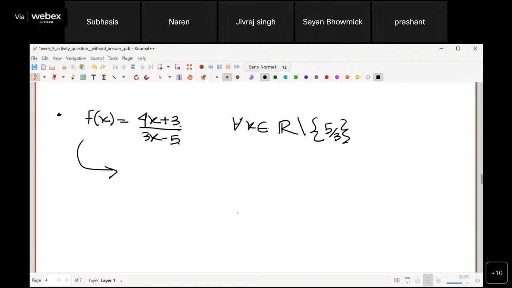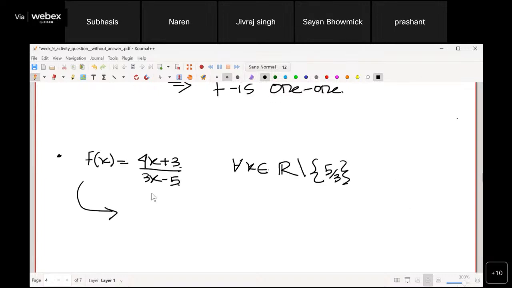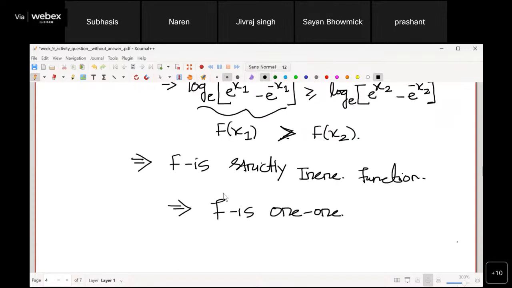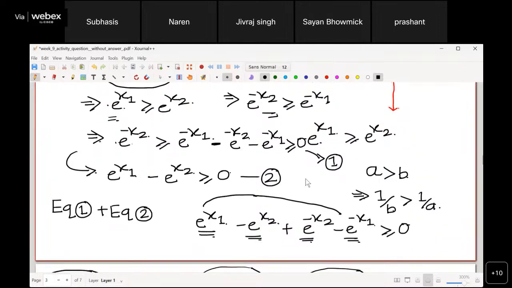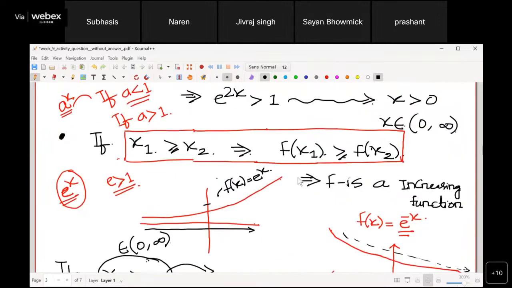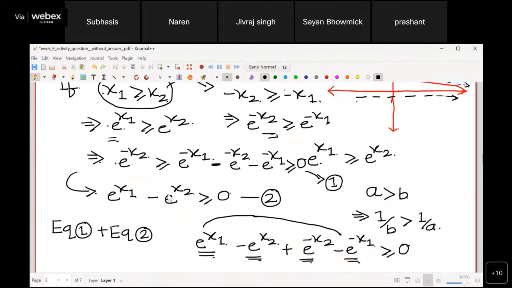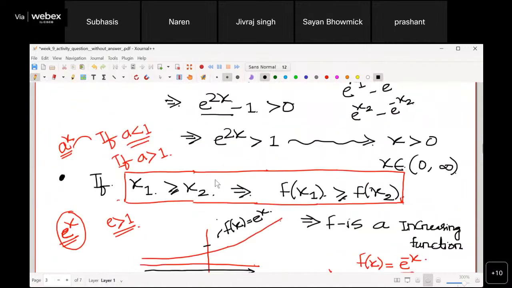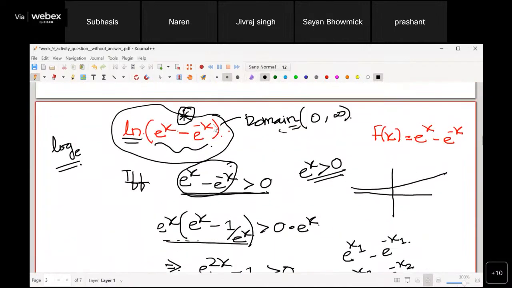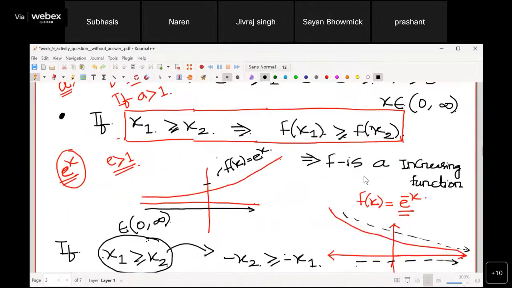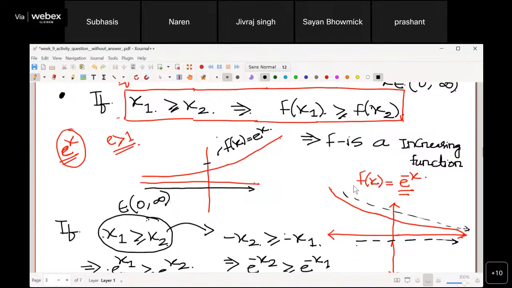It's certainly not quadratic. If I try to apply the horizontal line test, I can't do that because it's really difficult for me to draw the graph of this one. So I have to go with the theoretical procedure.